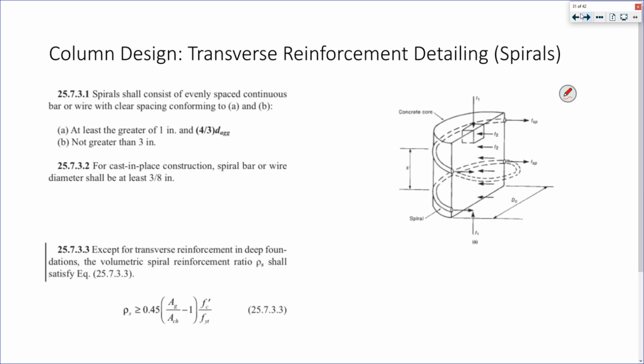Spirals, a spacing, clear spacing, that means the distance between the spirals has to be at least 1 inch, or 4/3 of the aggregate size, and could not be greater than 3 inches.